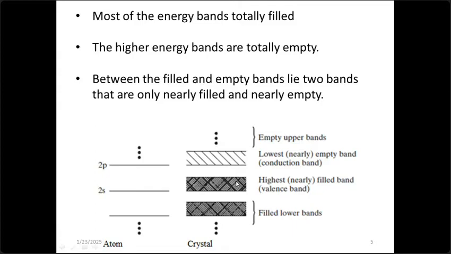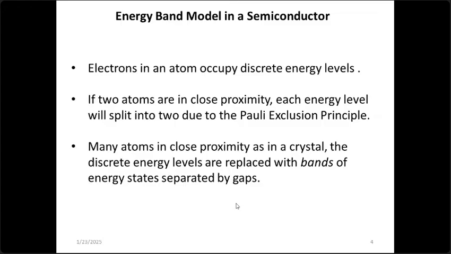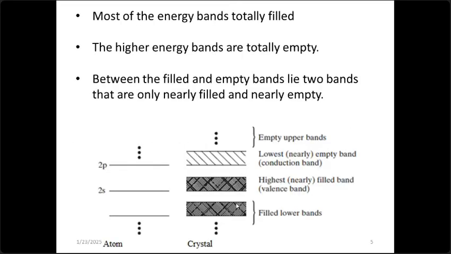We have the valence band, also known as the nearly filled band, or it could be fully filled. Remember, the valence band can be completely filled or partially filled, as we saw when we were looking at the electronic configuration.